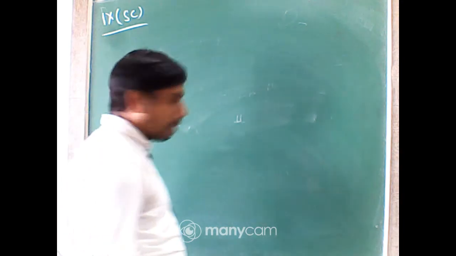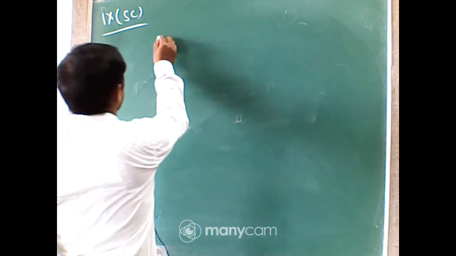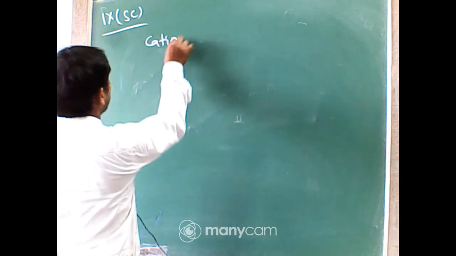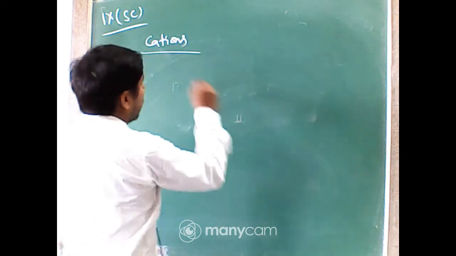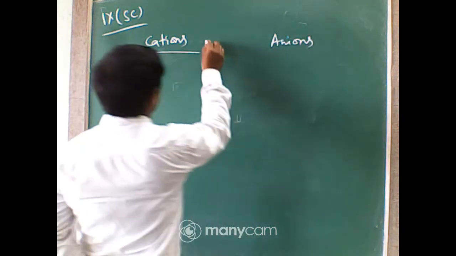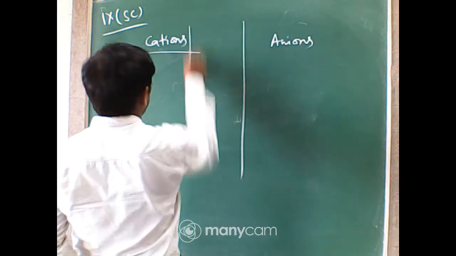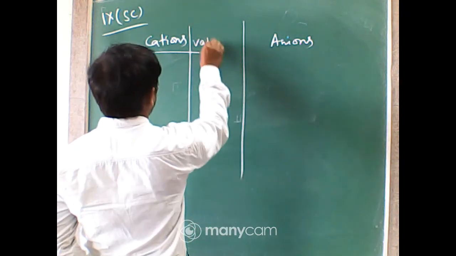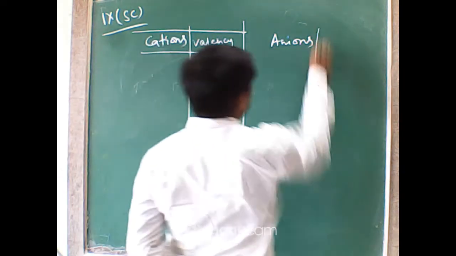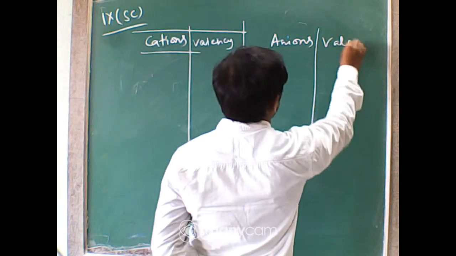So the valency. Here you will write two forms, cations, which we have already, and anions. There are two charts: cations with their valency, and anions with their valency.